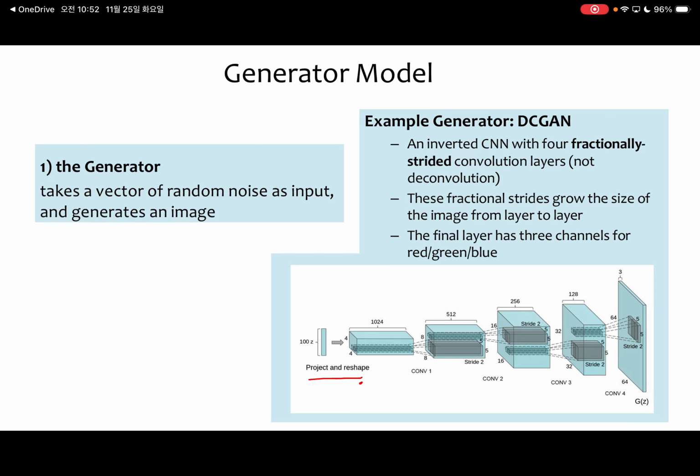From a randomly sampled vector, this generator in DCGAN tries to upsample to image space, whose channel size is 3 for RGB. It looks like the decoder of VAE, right? The decoder of VAE also takes a randomly sampled vector, upsamples it, and finally outputs some image. So the generator of GAN and the decoder in VAE have similar roles.